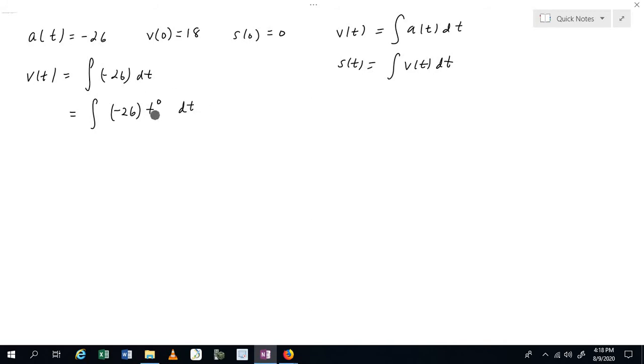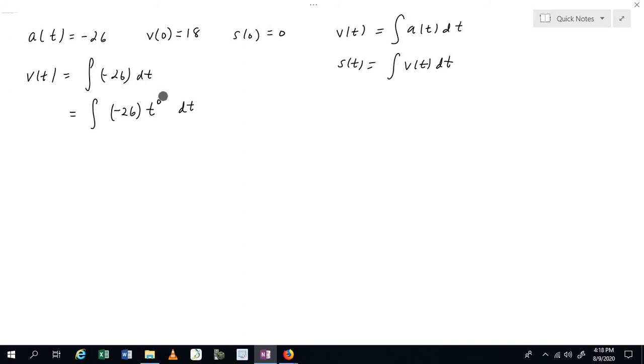There's an imaginary t being raised to the 0 power. T to the 0 power is just 1, so this is still equal to negative 26. But if you write it this way, then you can use your power rule to find the antiderivative.